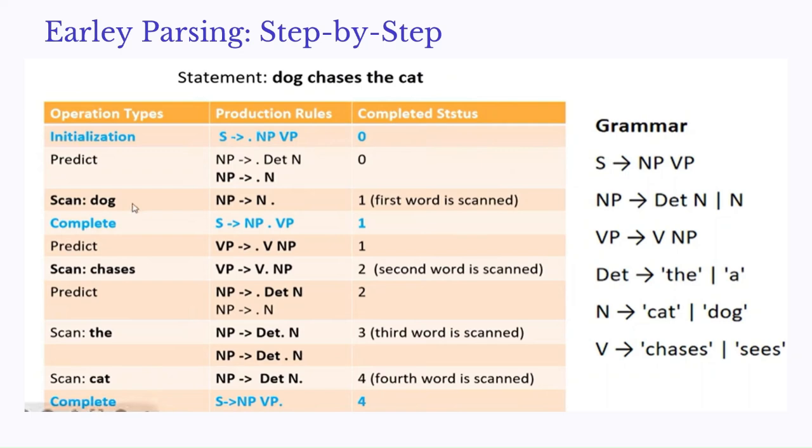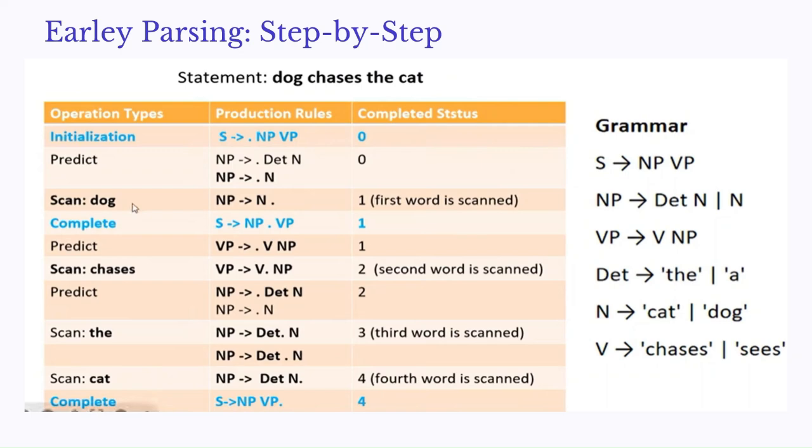Then your first step is predict. When you predict NP, you take the noun phrase. The noun phrase can be either determiner N or it can be N. In this sentence, the first word is dog. Dog is a noun. If the word were the dog, we could go for determiner and noun, but it starts with only dog, so it's a noun.